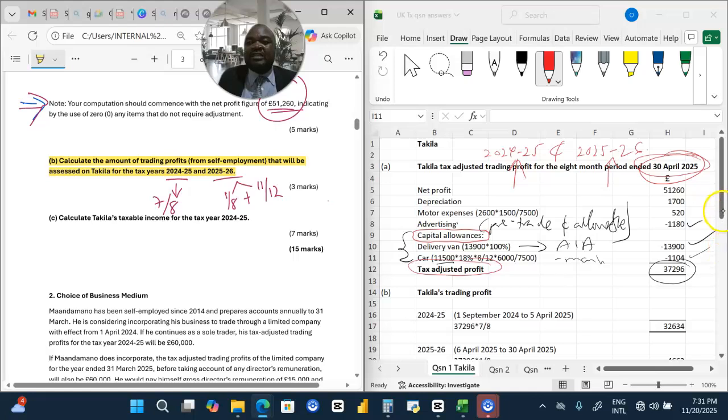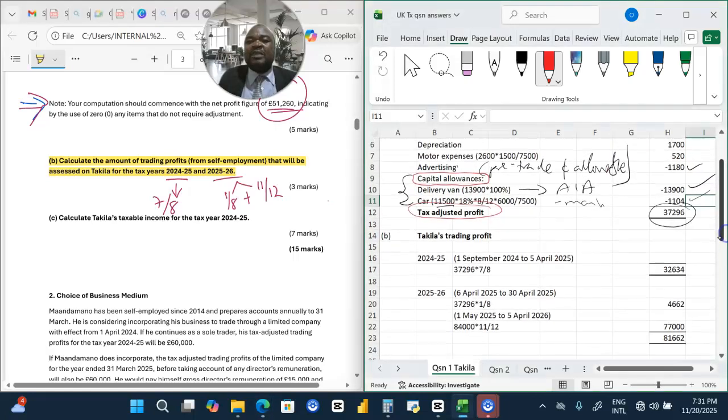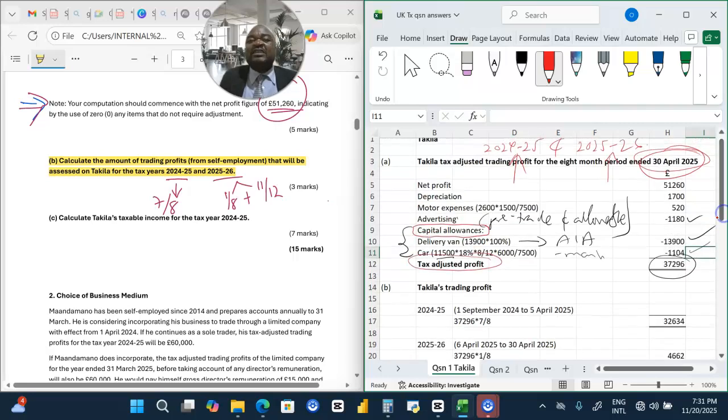So what we then need is just to play around with the applicable fraction. And in this case, like I said, for the 2024-2025, only 7 months are included, 7 over 8 months. Remember, this business was in trade for only 8 months. But for the year 2024 to 2025, only 7 months were applicable.